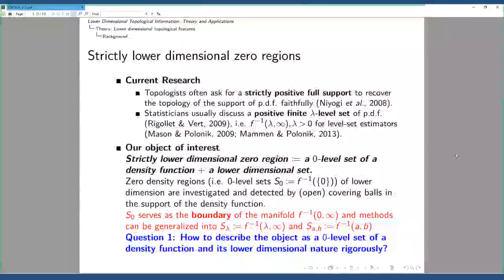For example, the foundational work by Niyogi, Smale, and Weinberger says that with sufficient samples drawn from the density function, you can recover the underlying manifold with high probability. From the perspective of statisticians, we focus on a more regular object, which is the level set of a probability density function, defined as the inverse image of an open interval, like this.